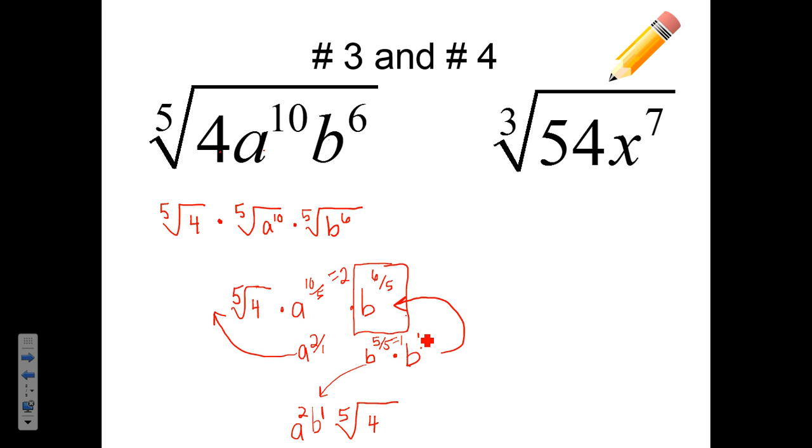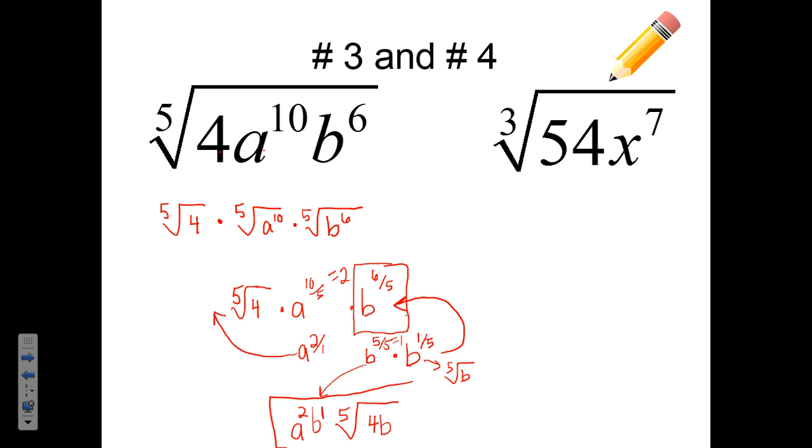But the b to the 1/5, if I were to rewrite that in radical notation, wouldn't that say the 5th root of b? And so this extra b that's left over is going to go right down here underneath the radical with the 4. And that becomes my answer.